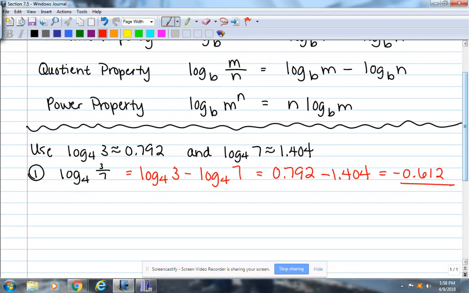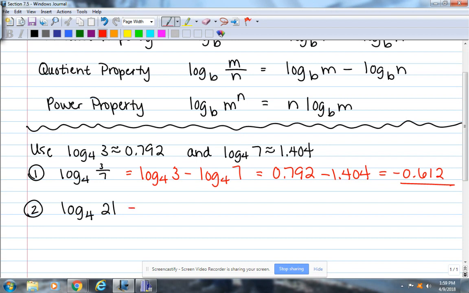All right, the next one might be a little bit more confusing. This one wants us to simplify the log base 4 of 21. But they didn't give me log base 4 of 21. They gave me log base 4 of 3 and log base 4 of 7. So how can I make 21 out of 7 and 3? 7 times 3.